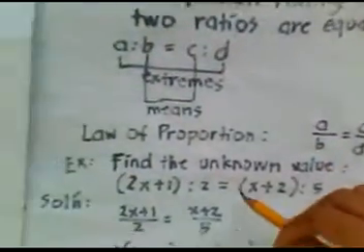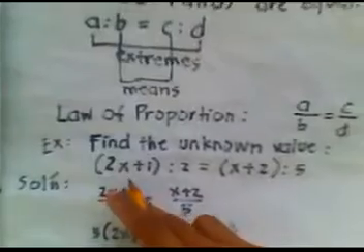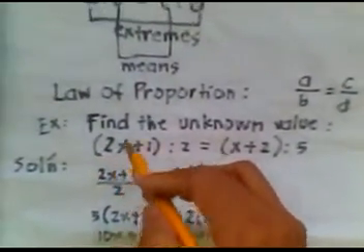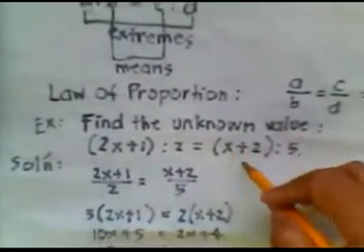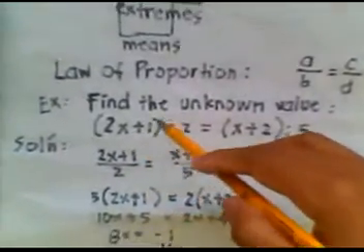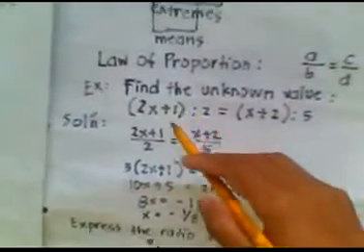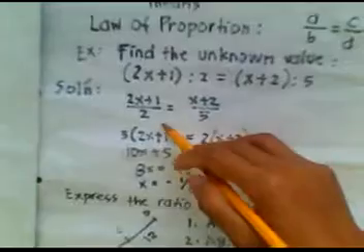So let's have some examples. So here we need to find the value of x in the proportion quantity 2x plus 1 is to 2 is equal to quantity x plus 2 is to 5. First we need to convert the colon-based ratios to fractional form to make it easy.